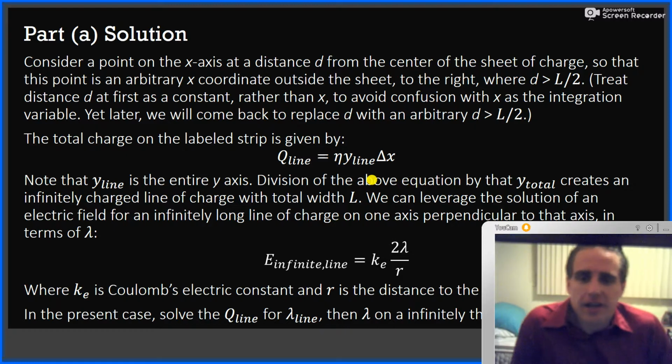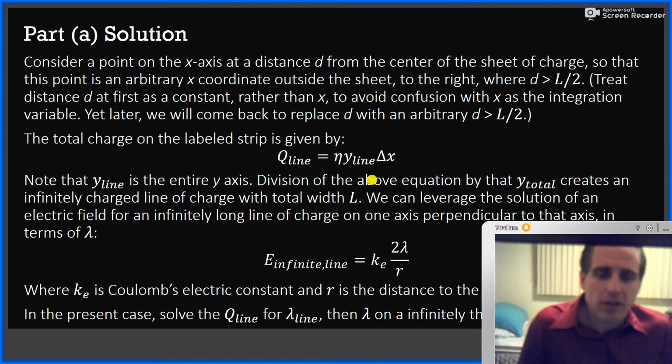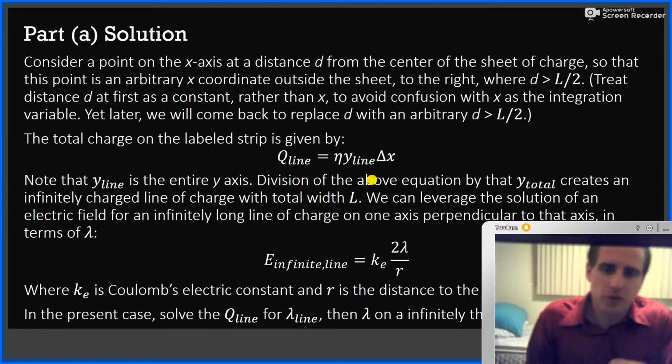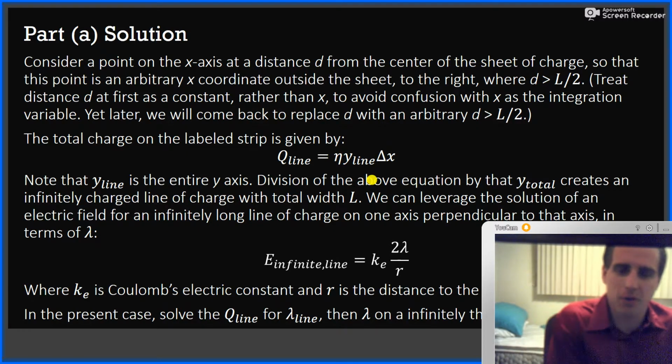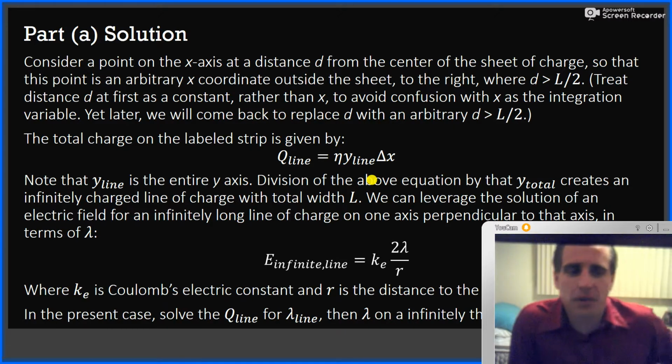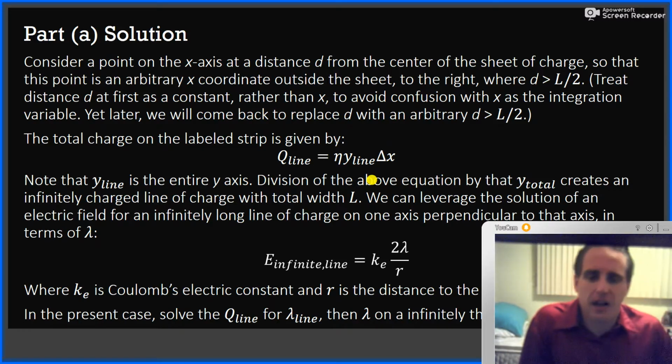So notice that if that's the total charge, we want to figure out the influence on the electric field from just one strip of charge or just one line of charge, and then add up all those strips. So think of a strip as having a finite width, but think of a line as having a width that is infinitesimally small.